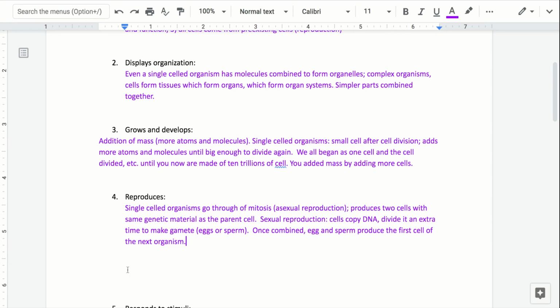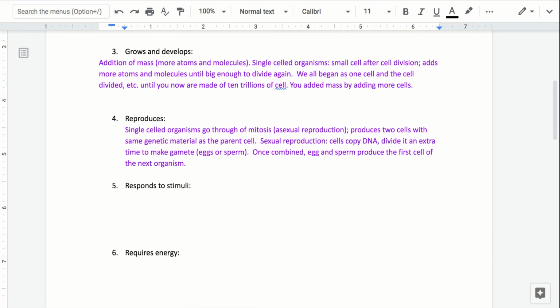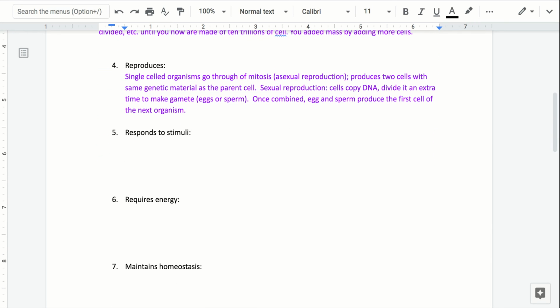So once again, you started as a single cell. We all started as a single cell, and cell division over and over again led to your growth. Reproduction involved producing these half-size cells, having half the normal number of DNA, and then once combined together, they give you all the DNA that you need for a single organism.